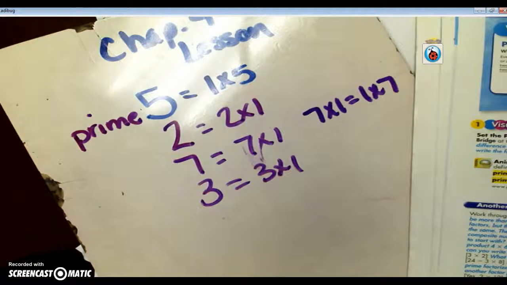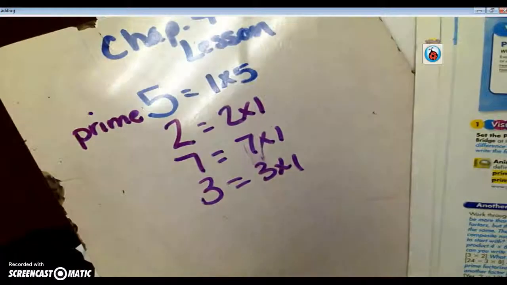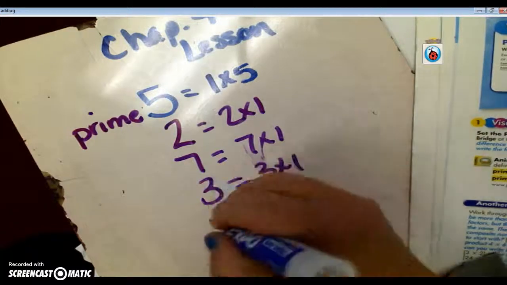So, any number that only has factors of 1 and itself is considered to be, at least one person said it, prime. Okay? Thank you for listening. So, when we think about numbers that are less than 10 that are prime numbers, 2, 7, 3, 5, those are all prime. Can you think of any numbers that are larger than 10? 11. 11's prime.